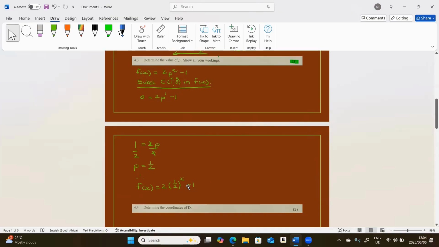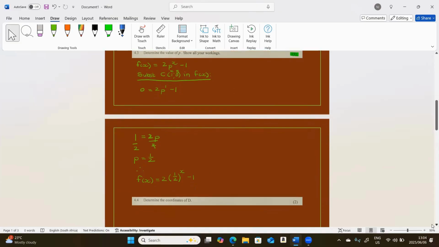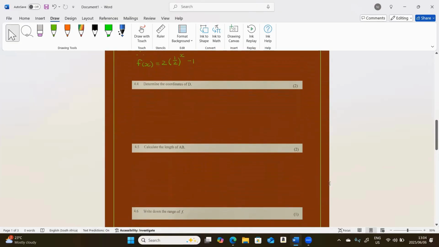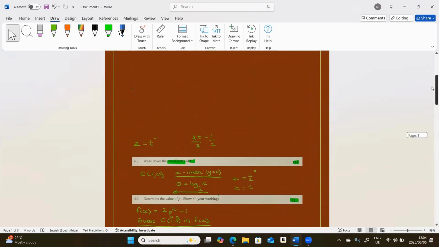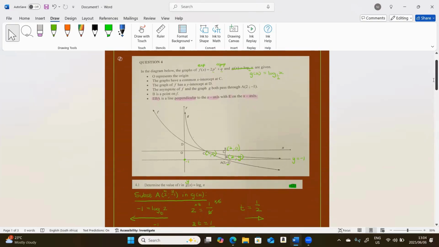And now that you have the final equation for f(x), you can go and calculate all the intercepts of f. And you would see that that is exactly what they ask in 4.4. They say determine the coordinates of D for 2 marks. So when you move up, just quickly to remind yourself, what is the coordinates of D?